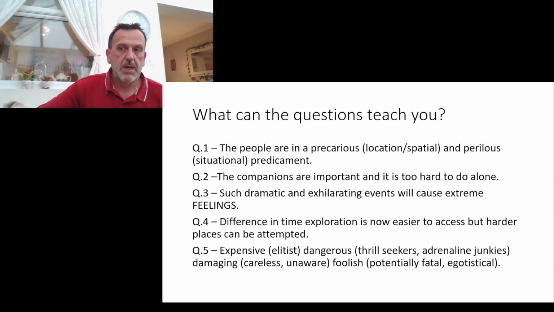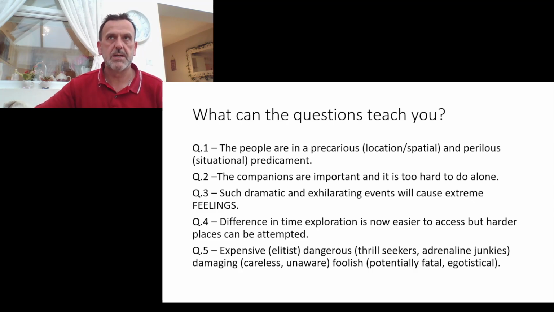And then number 5, the key words, expensive. So you should be thinking about the elitist aspect of it, that people are spending a lot of money to do these exciting trips. They're dangerous. So what sort of people do dangerous things? And thrill seekers, adrenaline junkies, and damaging. So obviously like careless, unaware, maybe not even bothered by what they're doing.